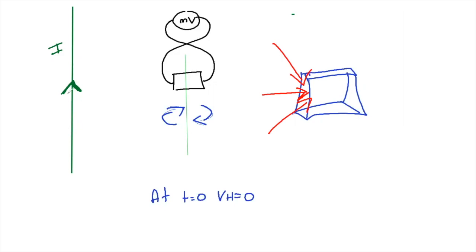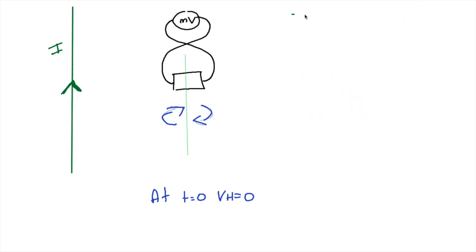The magnetic field is like a circle, so when I rotate this, the angle is changing. And because the angle is changing, the magnetic flux is proportional to the angle. If I have a 90-degree angle, that's going to be the maximum. So it's going to turn out to be a sine curve.